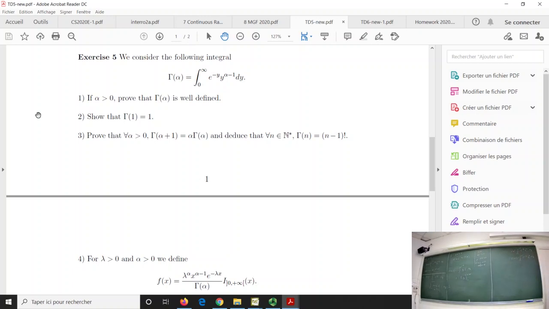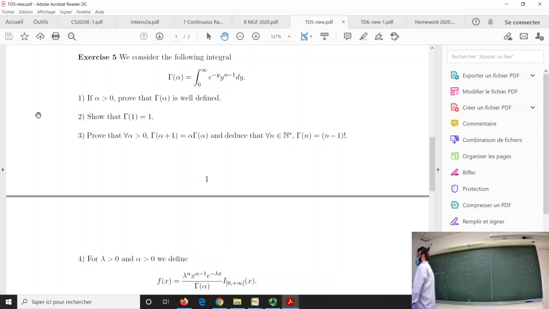The classical integration by parts formula. But I know j. What is j here? If j prime is equal to exponential of minus y, j of y is just minus exponential of minus y. And then f prime of y is just equal to alpha y to the alpha minus 1.